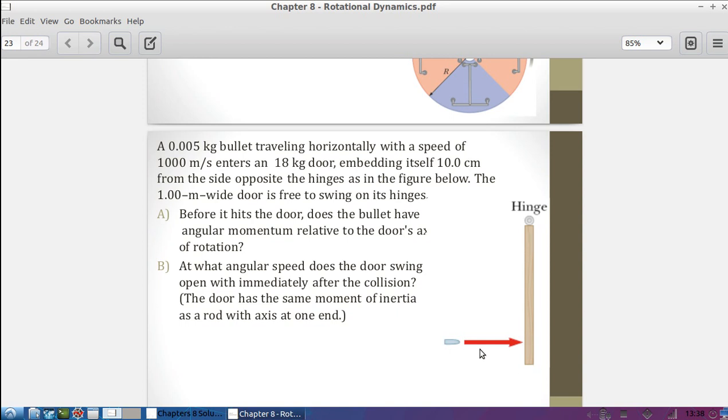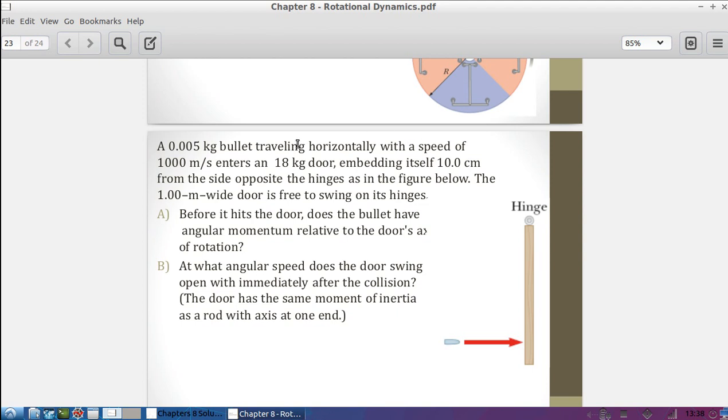The bullet hits the door, and then the door we presume is going to swing open, so this is an inelastic collision, and the door is going to swing due to being hit by the bullet.